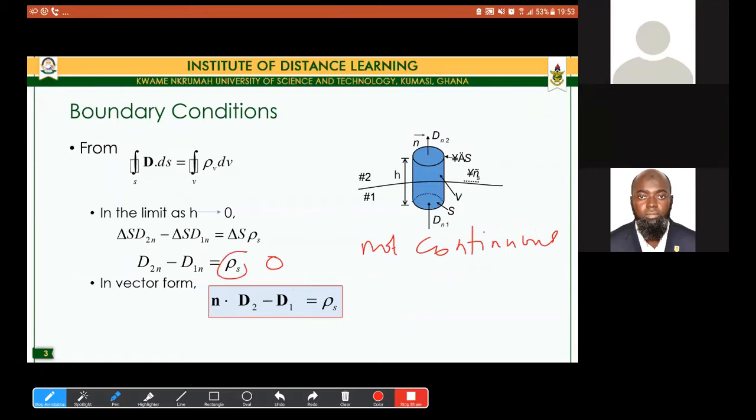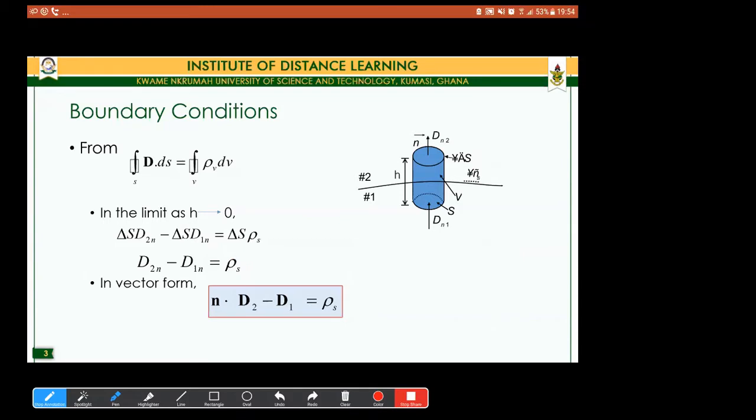Rho S, which is the surface charge density at the interface between the media. So we say the electric flux density is not continuous across the interface, and the amount of discontinuity is equal to rho S, the surface charge density at the interface. We have done this for static electric field. We have done this for static magnetic field. We are now doing it for a dynamic field, which is an electromagnetic field.